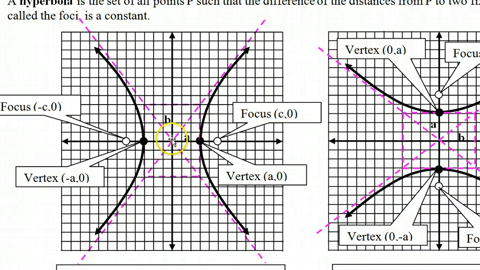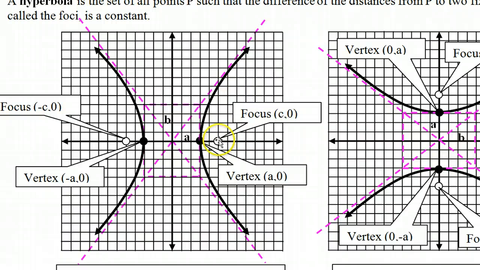But the distance from the center to the side of the rectangle that doesn't have a vertex, that's going to be B. We will call this the co-vertex, even though it's not actually on the hyperbola at all.